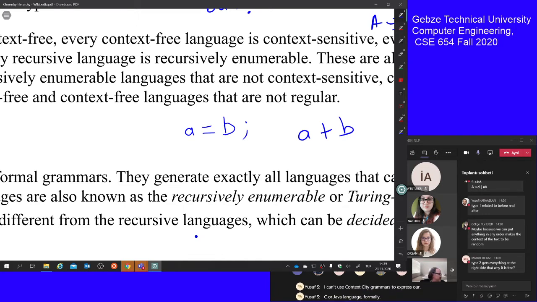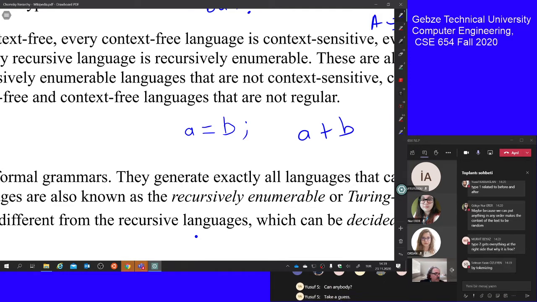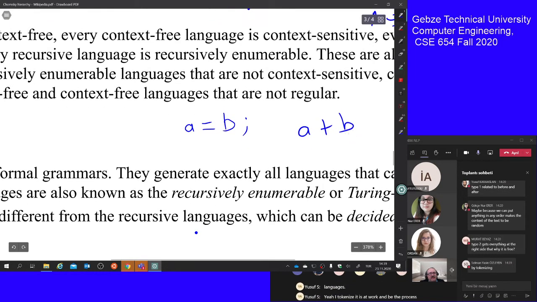Can anybody take a guess? Without tokenizing, you wouldn't know your terminals. I mean, without tokenizing, you cannot do even the regular languages. Yeah, I tokenize it. A is a token, plus is a token, and B is a token. Then they are all non-terminals, or they are terminals.